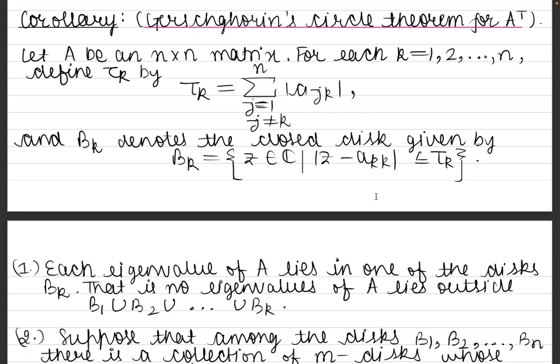Now, one immediate corollary of the Gershgorin circle theorem is the following. And this happens because A and A transpose have the same eigenvalues, right? So it is the Gershgorin circle theorem for A transpose.